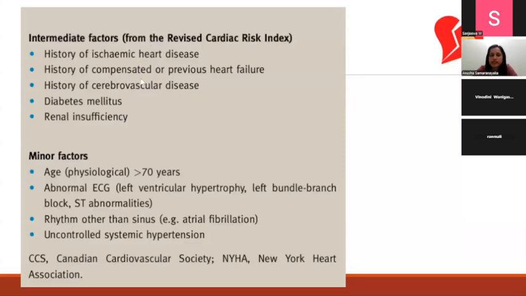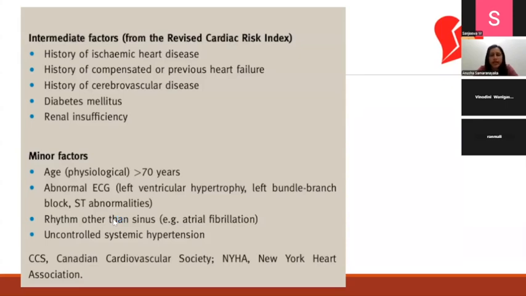Those are categorized as intermediate risk factors. And the minor factors are elderly age, ECG abnormalities such as ST-T wave changes, rhythm abnormalities like chronic AF, and uncontrolled systemic hypertension. Those are minor risk factors for the development of MACE.